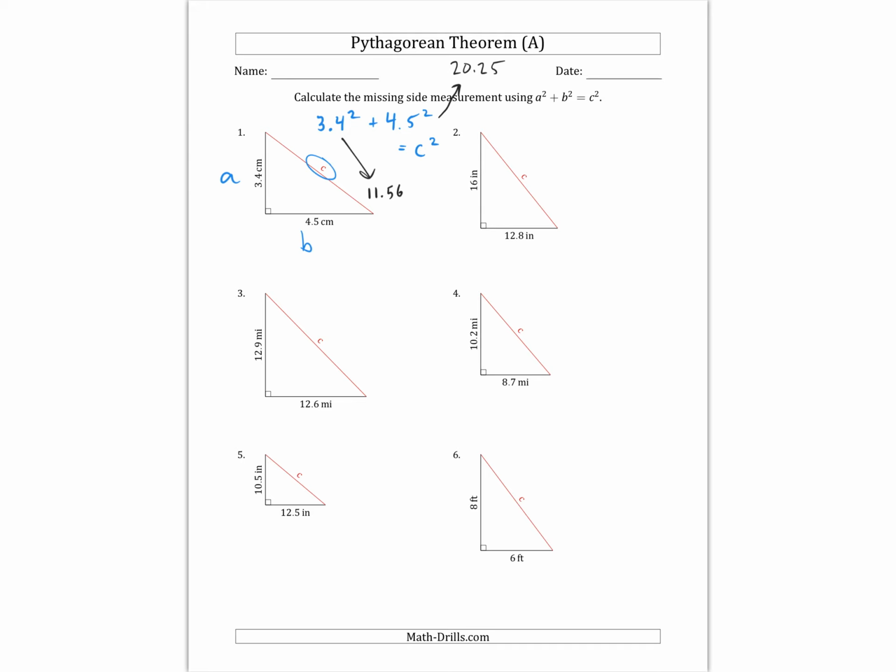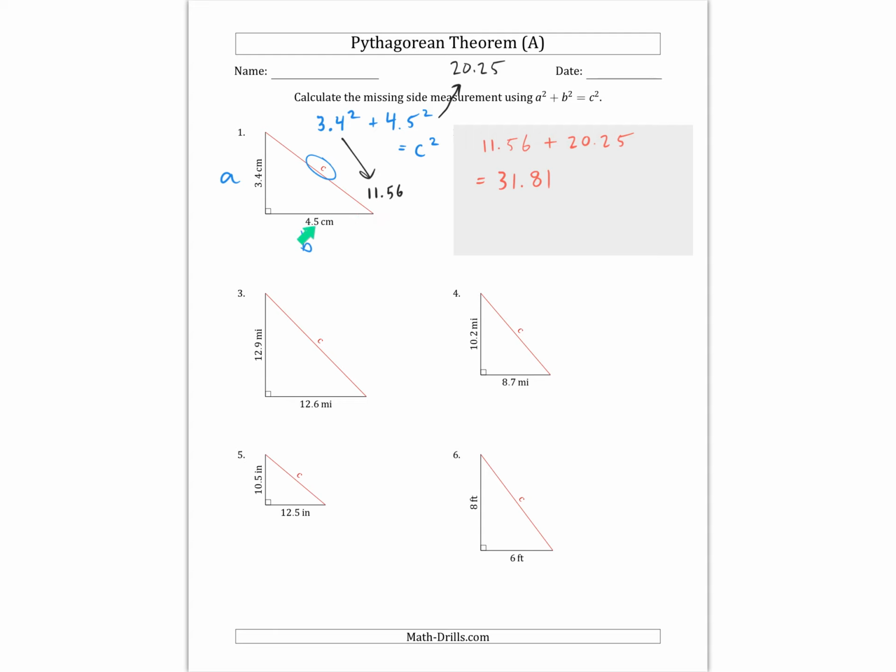So, the Pythagorean theorem says that when we add those 2 sides up, I'm going to have 11.56 plus 20.25 equals something. And it equals, quick number crunch here, 31.81.